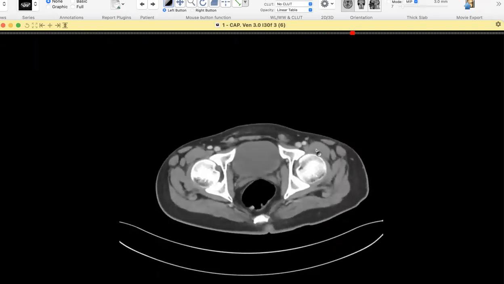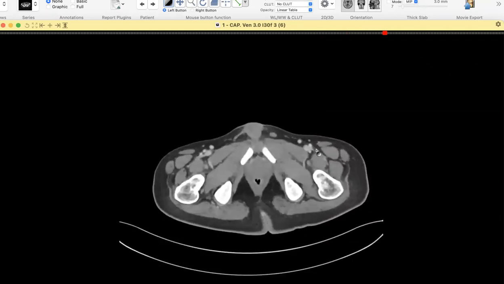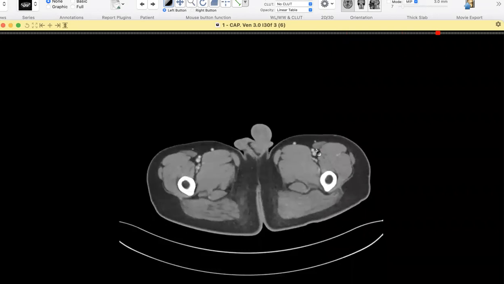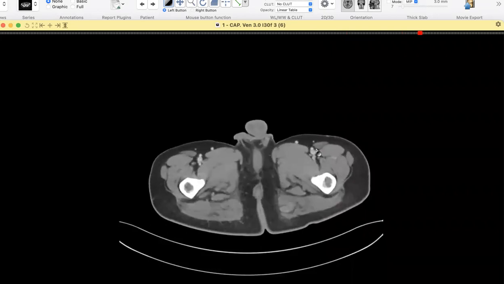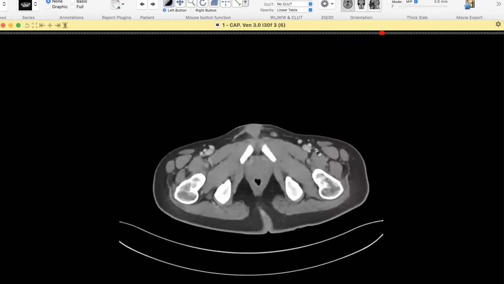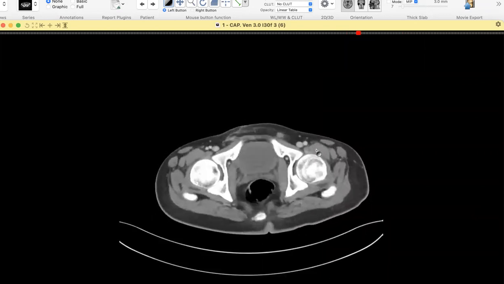So the case will be discussed in the respective MDT and I would request tissue diagnosis for further assessment. If the case came back as lymphoma, further assessment by PET CT would be required.